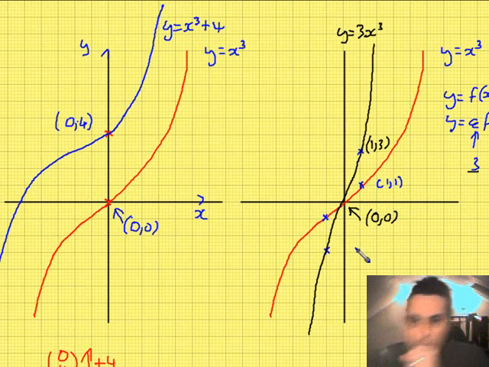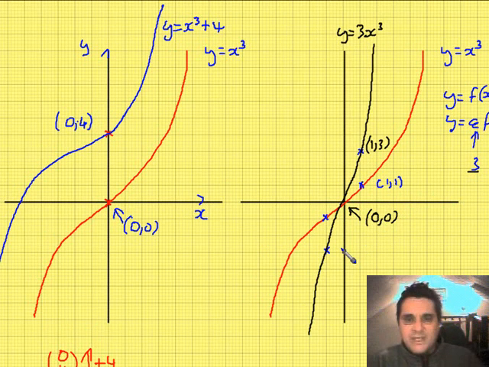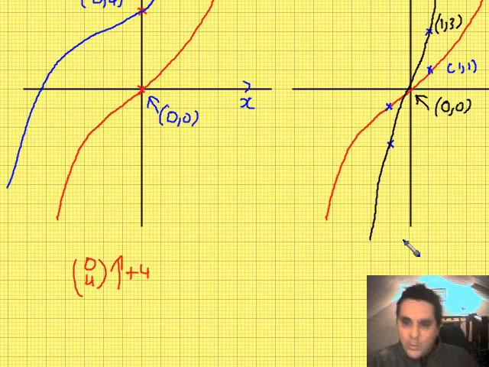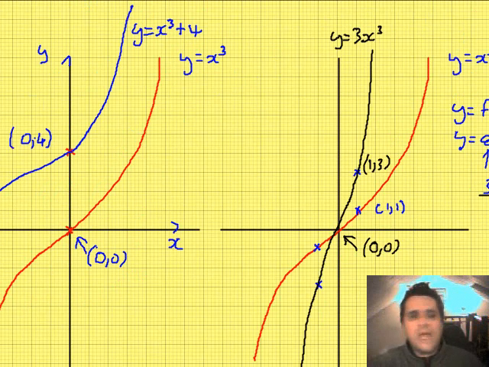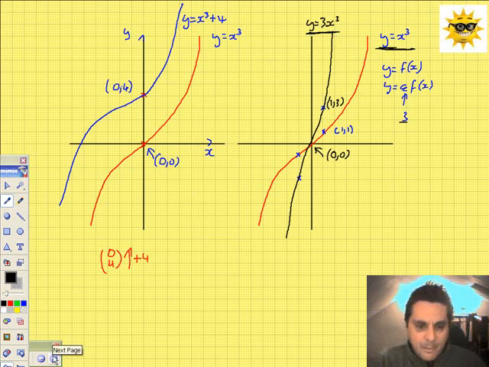So however I transform the x cubed, whether multiplied by 6 or 7 or 2 or 3, it always passes through 0, 0. That's been transformed using the function y equals af of x, and the a is 3, hence I've gone from y equals x cubed into y equals 3x cubed. Alright, that's that one.